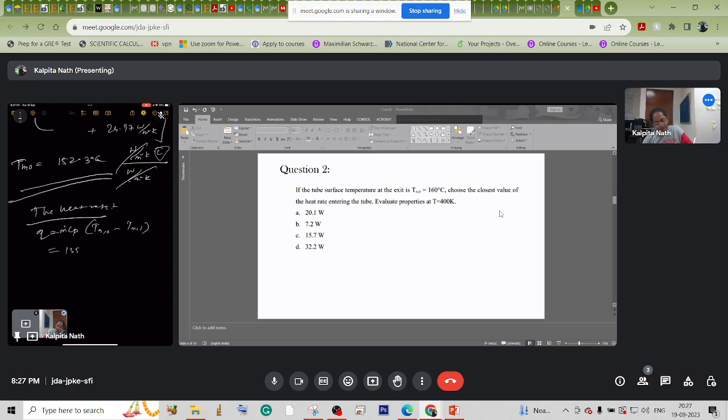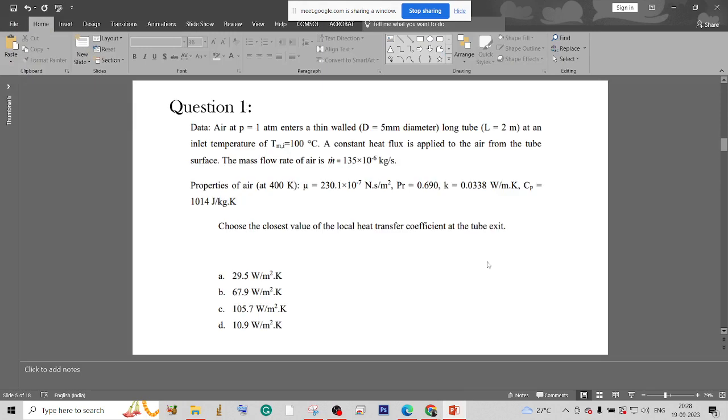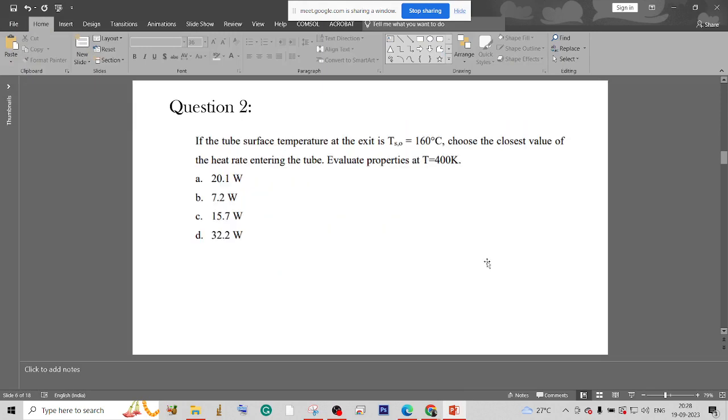This is 135 times 10 to the power minus 6 kg per second into 1014 joule per kg Kelvin, into (152.3 minus Tmi). The mean inlet temperature was 100. So this comes out to be 7.16 watt. Which option is this? This is option B.